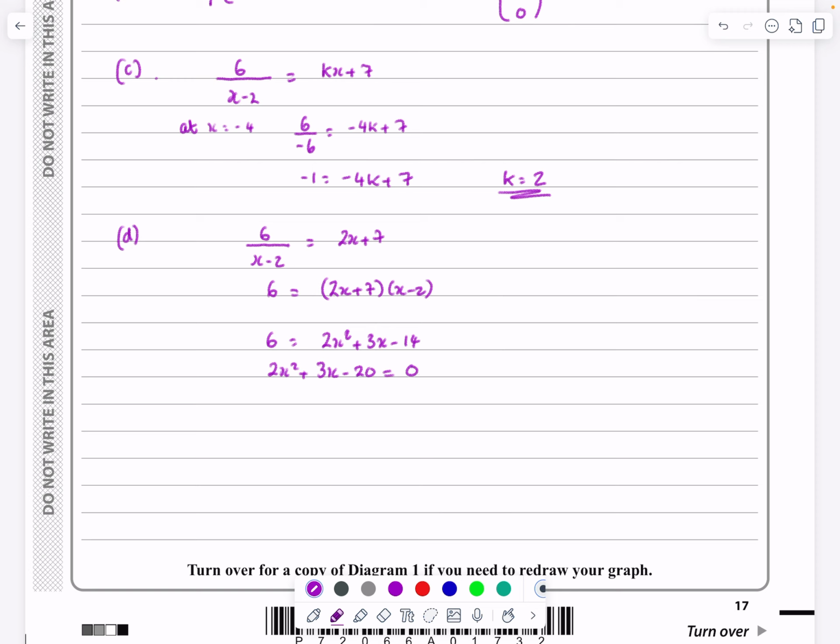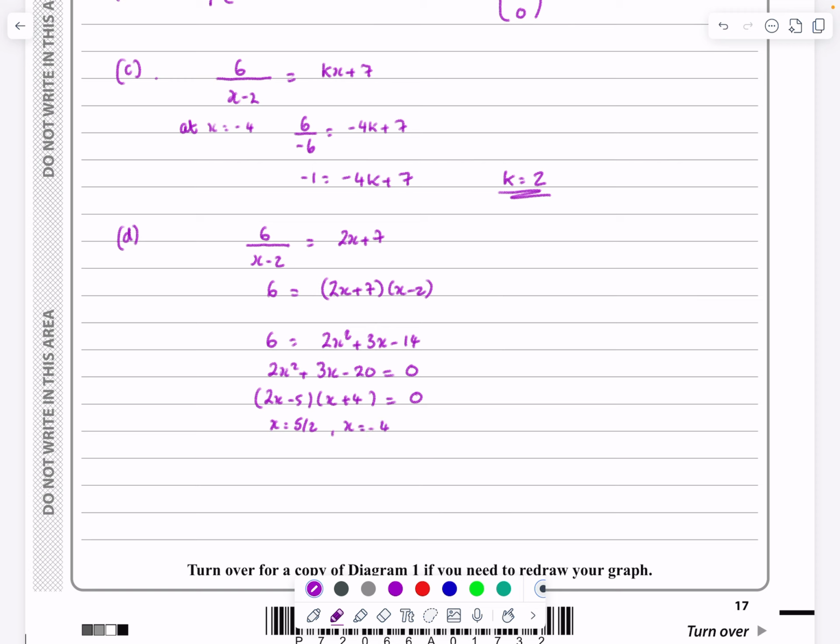Now, I think a lot of you should be able to factorise this straight away. We know that these two terms are 2x and x, and then just have a play around with the numbers to get that, which gives me x equal to 5 over 2, or x equal to minus 4.